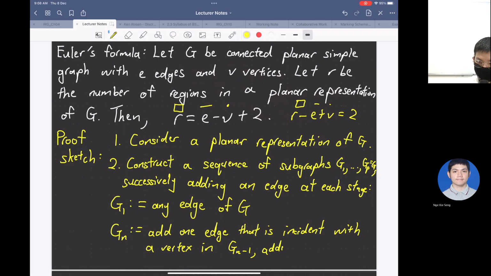And if the other vertex is not in there yet, you should add it as well, together with the edge. But don't worry, I will show you one example of what this means.